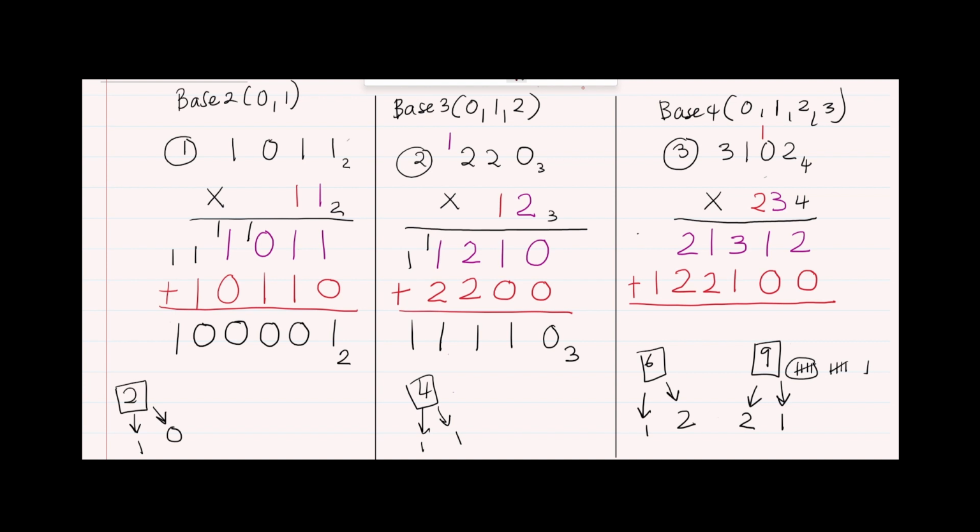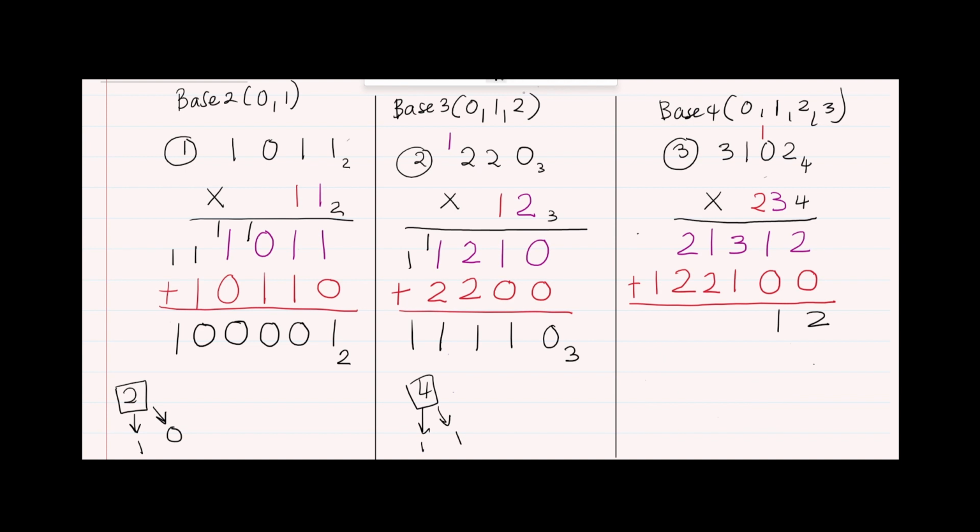Alright, ensure that each of your values are aligned, which is a very important part of multiplication. Ensure that your digits are aligned as you multiply each. Alright, 2 plus 0 is 2. 1 plus 0 is 1. 3 plus 1 is 4.